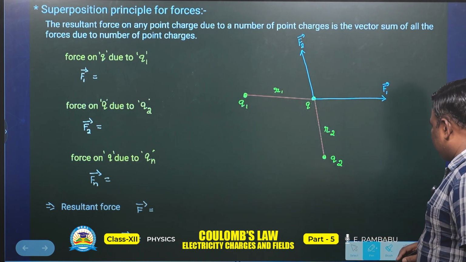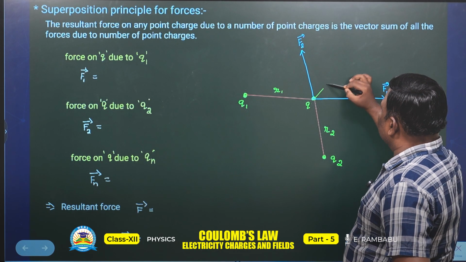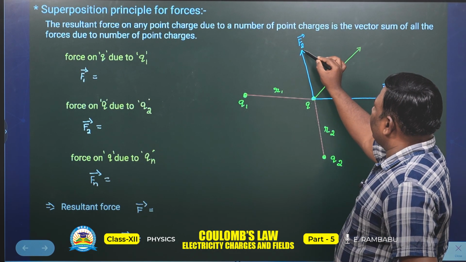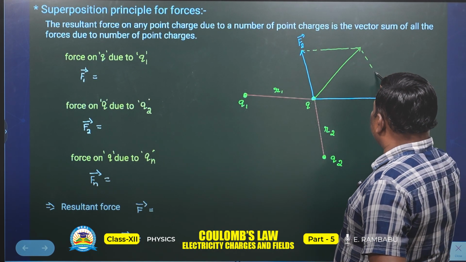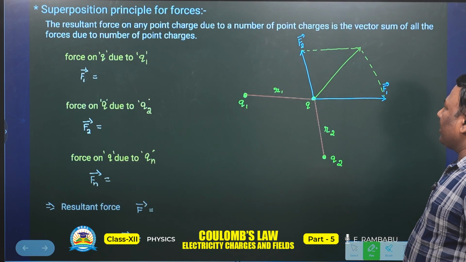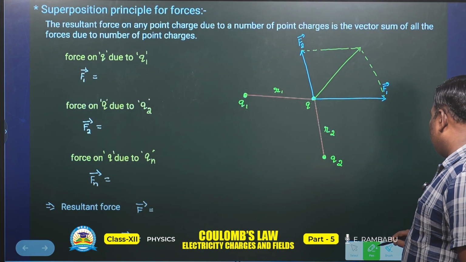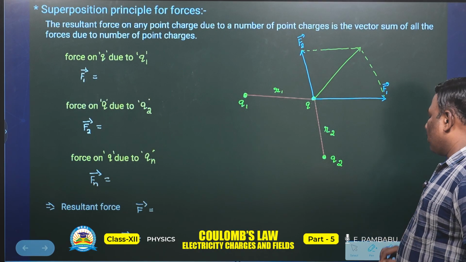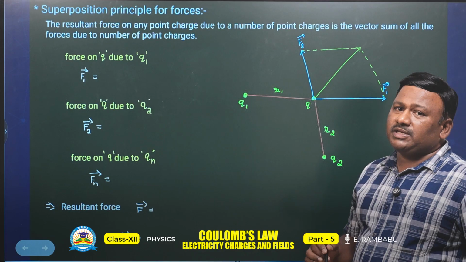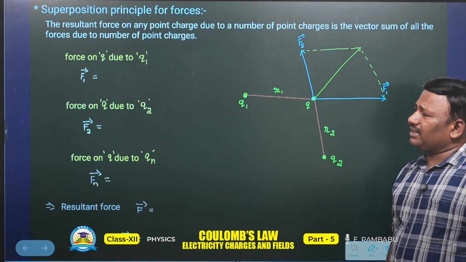Now I am going to calculate the resultant force. For this, I apply vector addition, which follows the parallelogram law. You know the formula for the parallelogram: root of a square plus b square plus 2ab cos theta. Using that, we can get the net force.